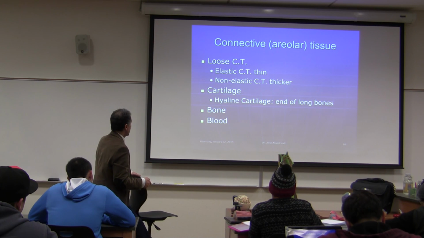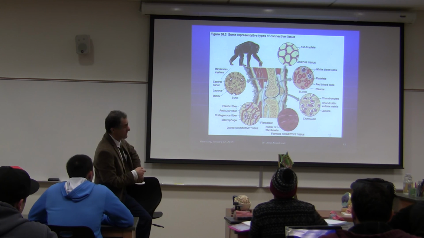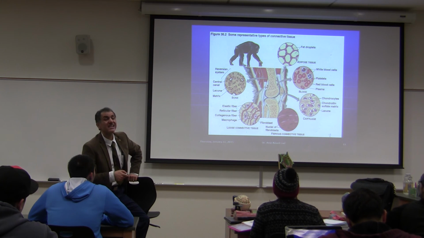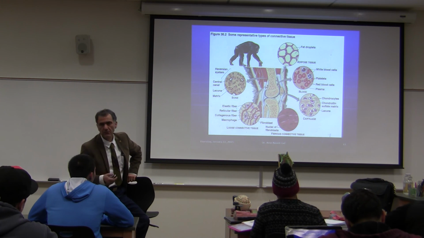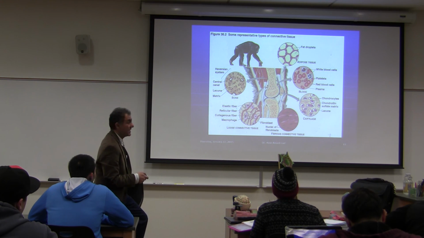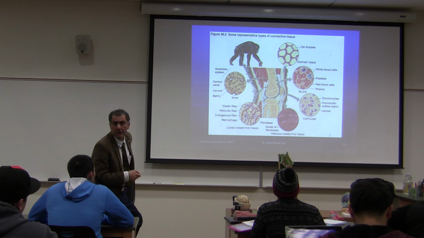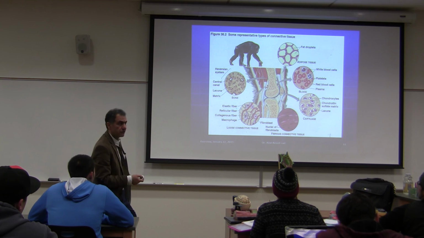Okay, bone, so on, blood, and here they are. Fat cells. What is the function of fat cells? Store energy. So that's a kind of function of connective tissue. Fight bacterial infection. Function of what tissue? Connective tissue, right?